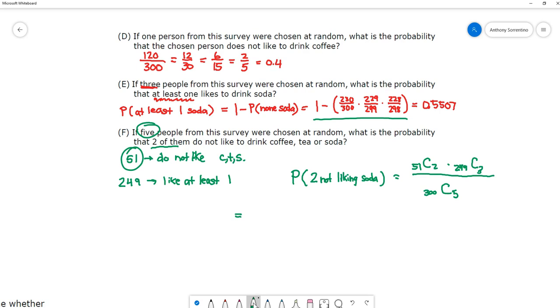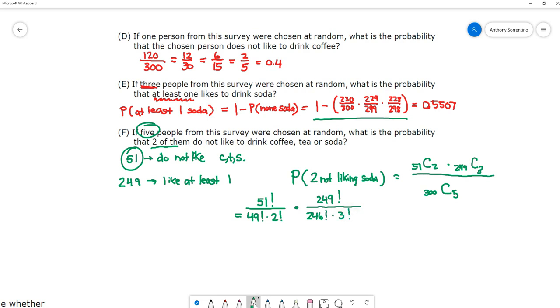51C2 would be 51 factorial over 49 factorial times 2 factorial. 249C3 would be 249 factorial over 246 factorial times 3 factorial.